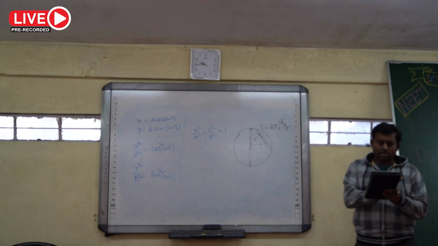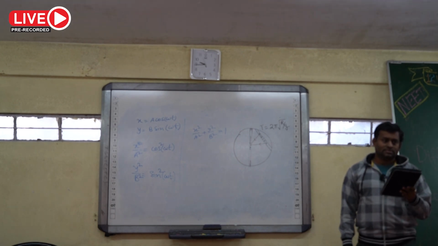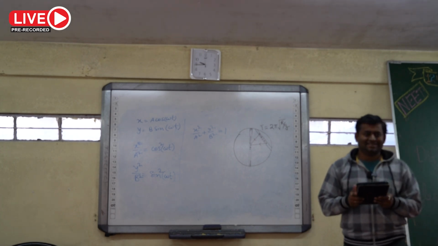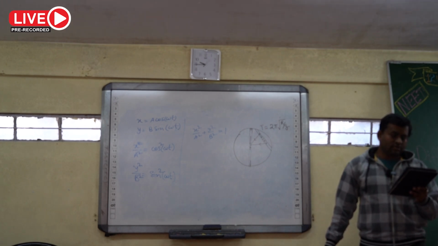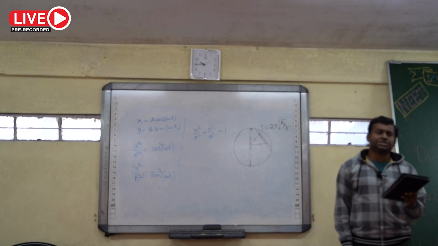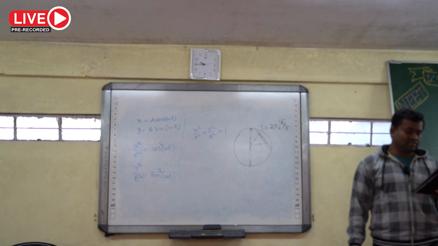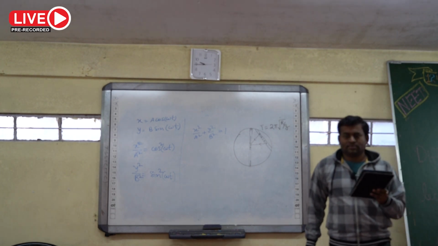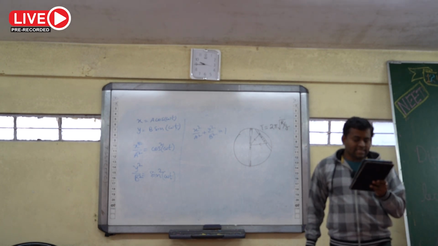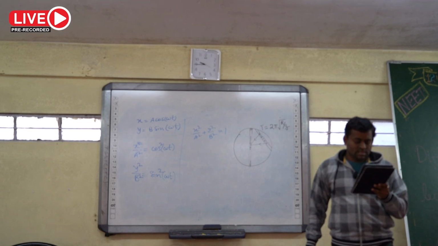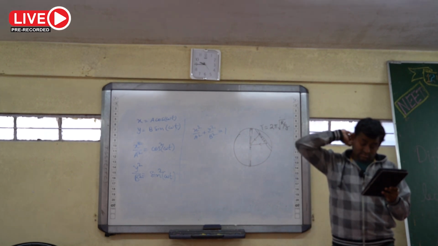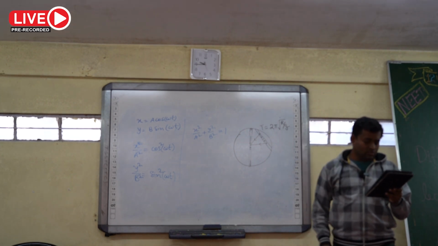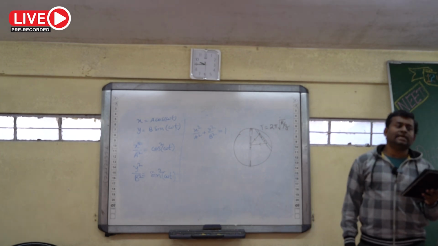Okay, question number 2. The equations of two SHMs are x equal to A sin omega t and y equal to A sin 2 omega t.